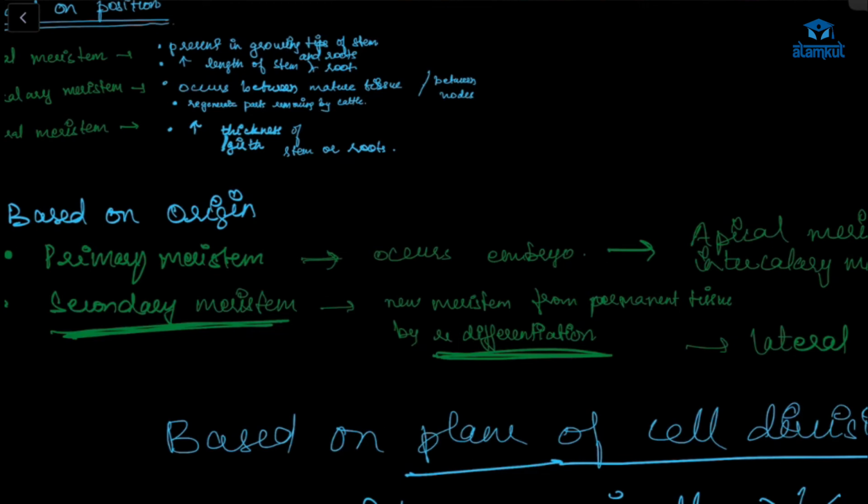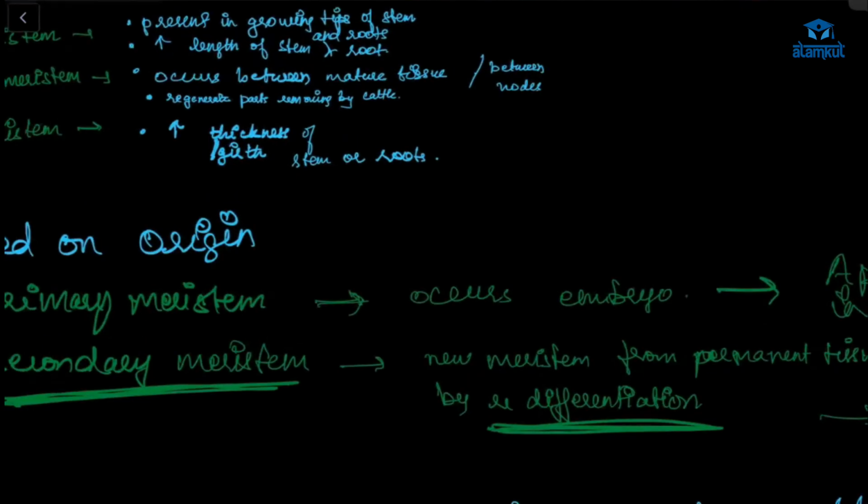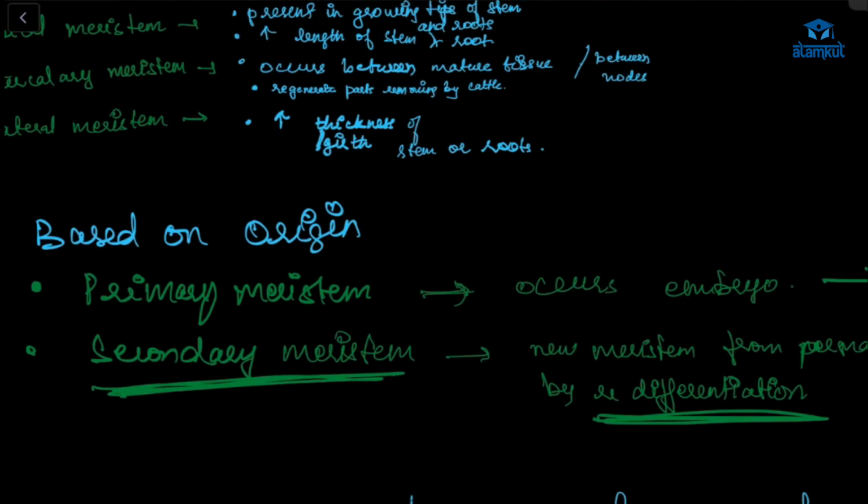That is secondary meristem, and this happens in the lateral meristem, which will increase the thickness of the stem and the roots. When you see older plants, the root and the stem are very thick, and this is the work of secondary meristem.